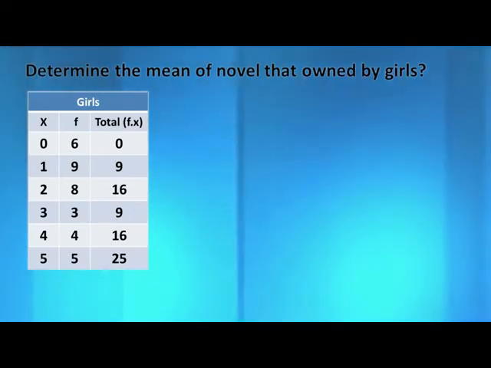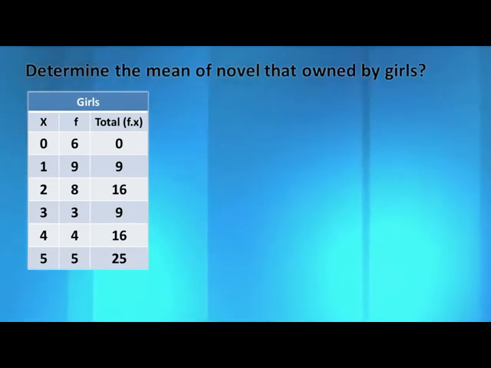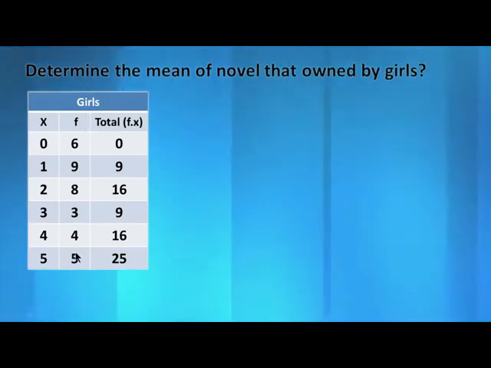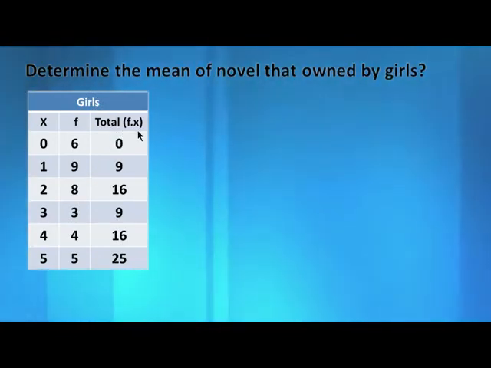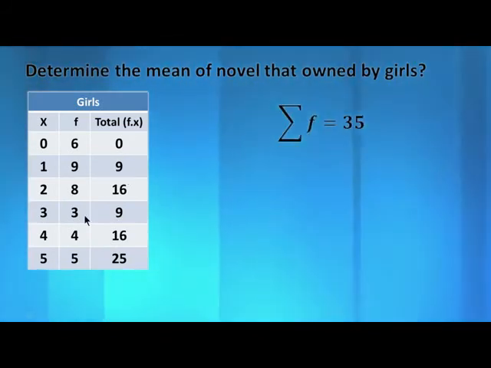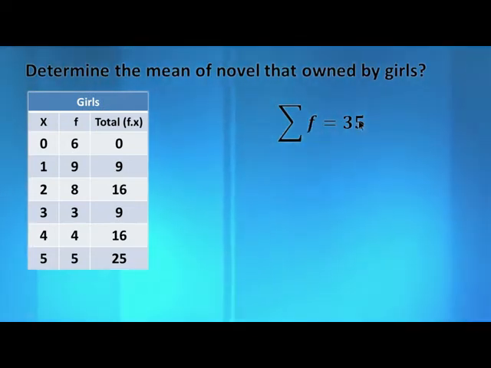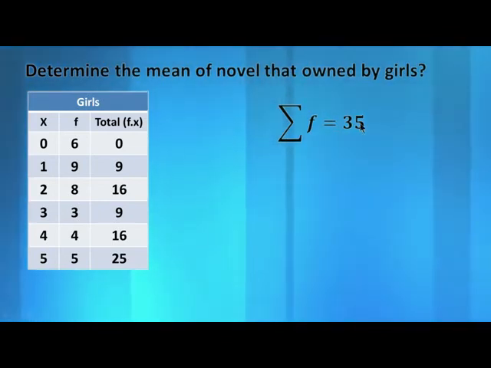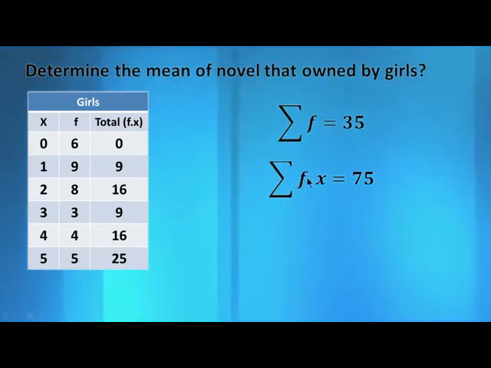Next, determine the mean of novels that owned by girls. Let's say this is the X, the novel that owned by students, and this is the F, the frequency of students. We're talking about girls here. So this is the total. F times X, you multiply each row, and then you find the sigma, or the total, or the sum of F. The frequency is 35 because there are 35 girls, and then the sum of the sigma F dot X, or F times X, is 75.